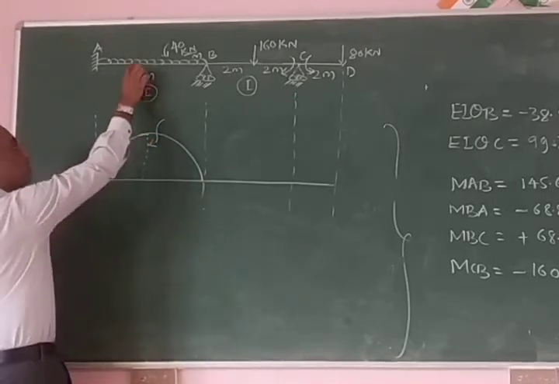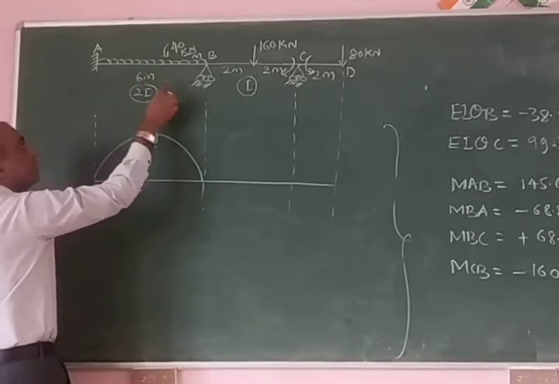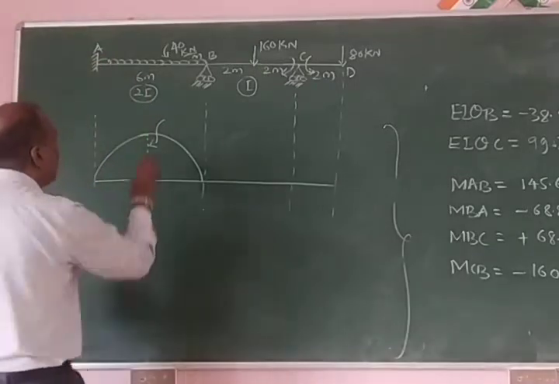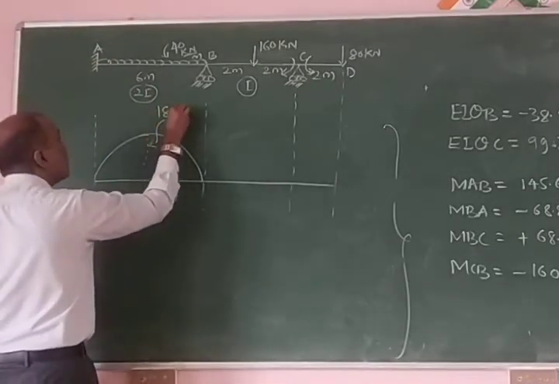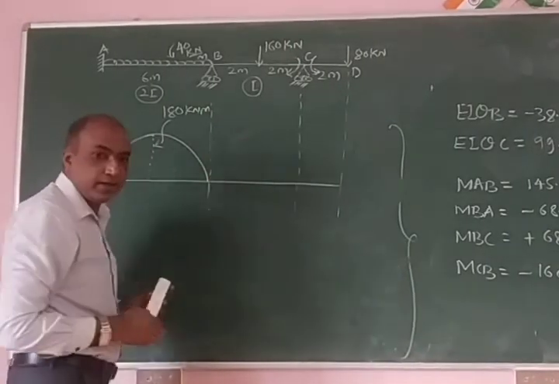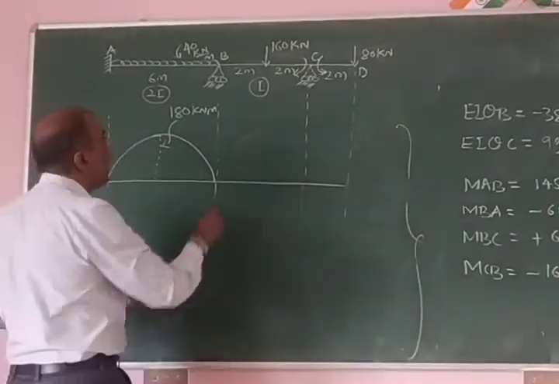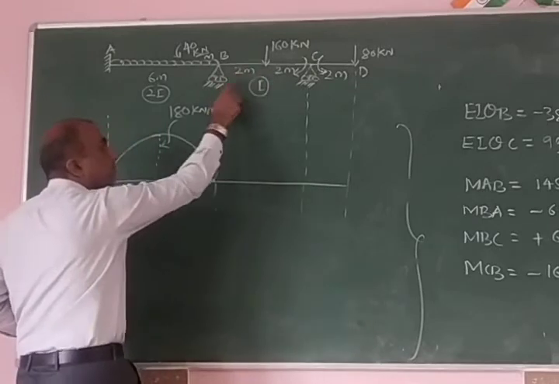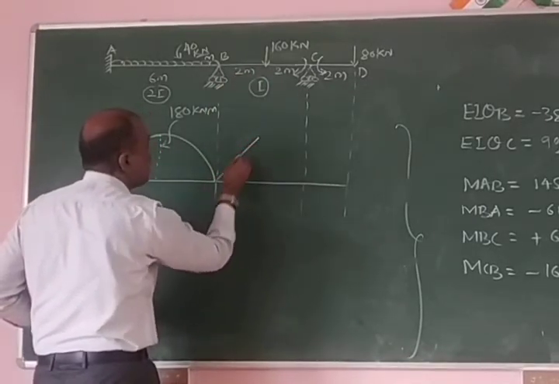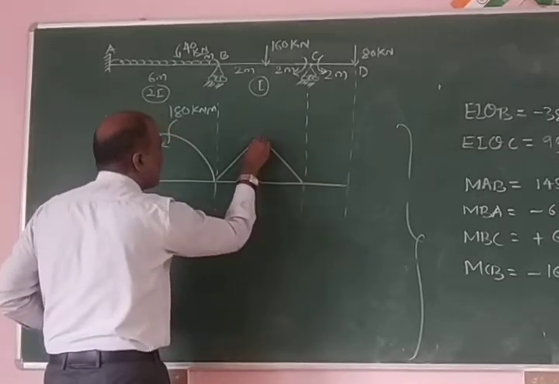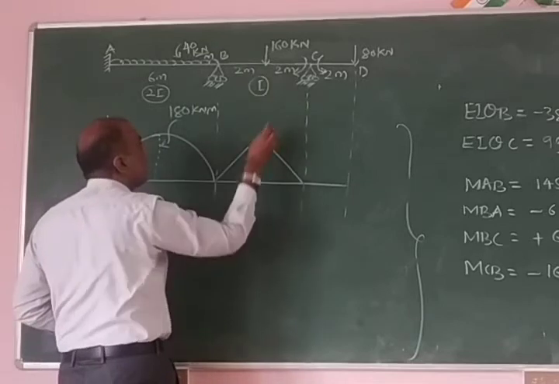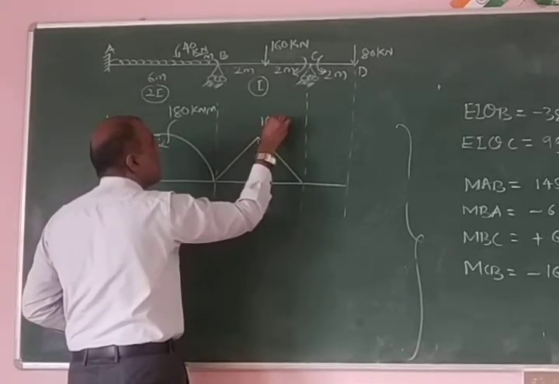WL square upon 8 is 40 into 6 square divided by 8, that comes to 180 kilonewton meter. And here the bending moment coordinate is WL by 4 because the load is at the center. WL by 4, 160 into 4 by 4, that is 160 kilonewton meter.